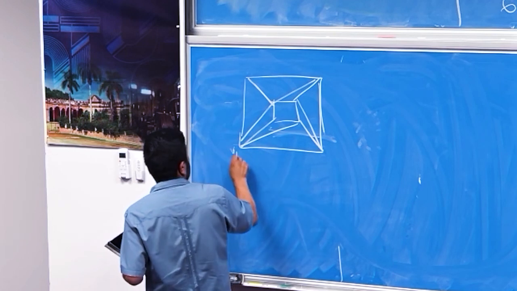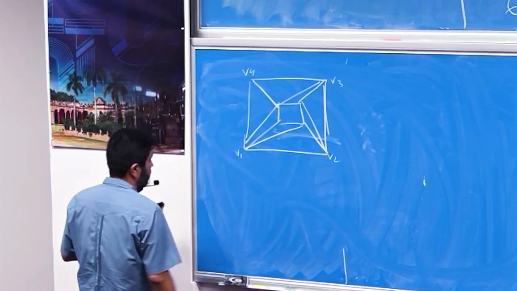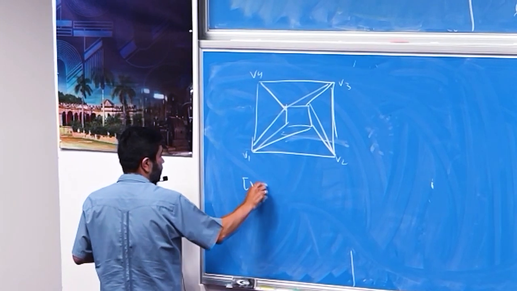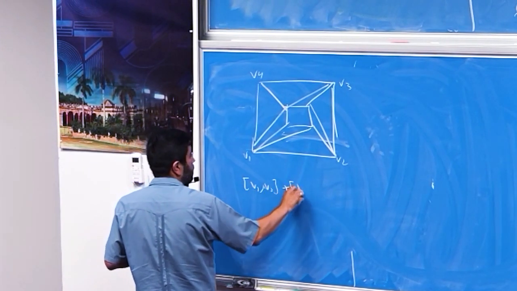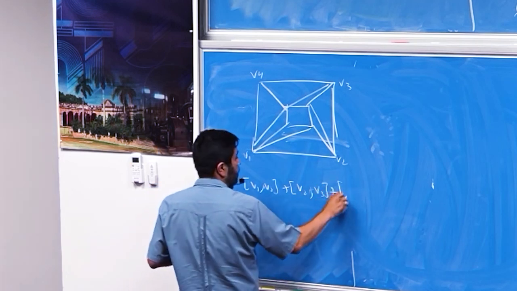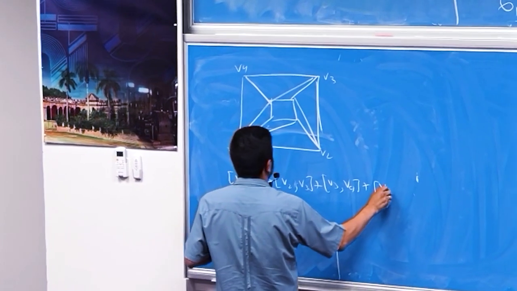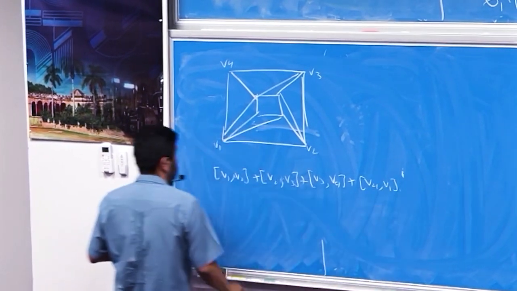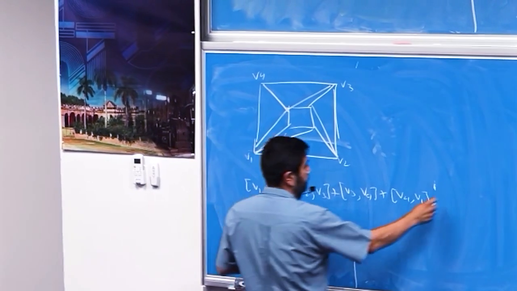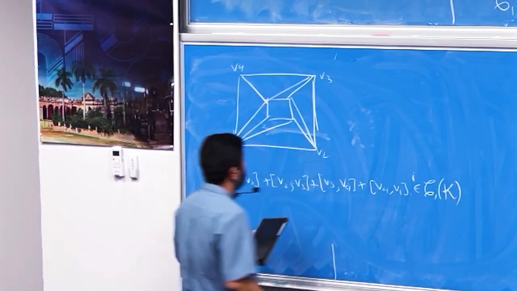So, for example, v1, v2, v3, v4. If I consider v1v2 plus v2v3 plus v3v4 plus v4v1, this is an element of C1 of K, right?